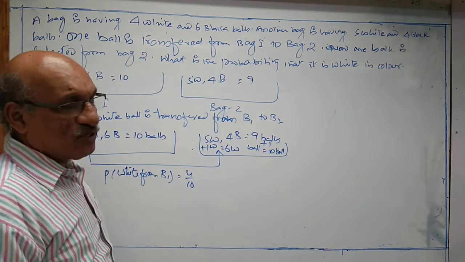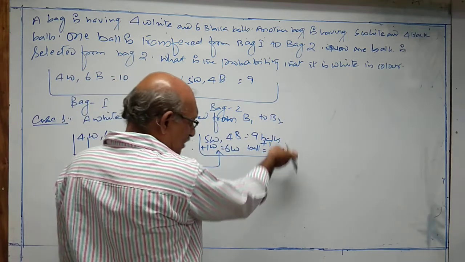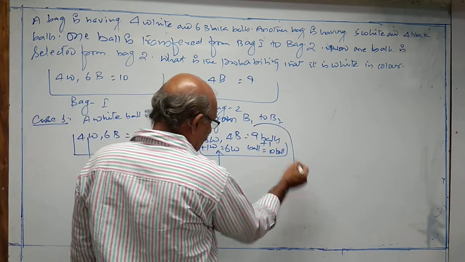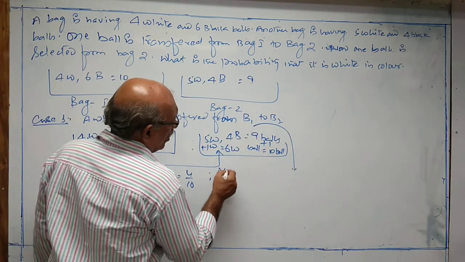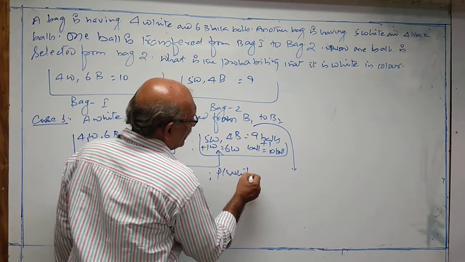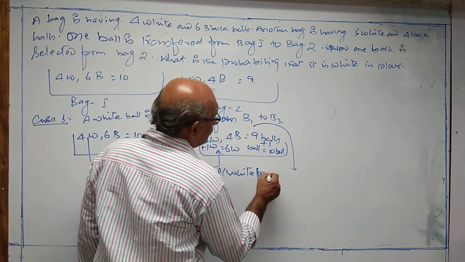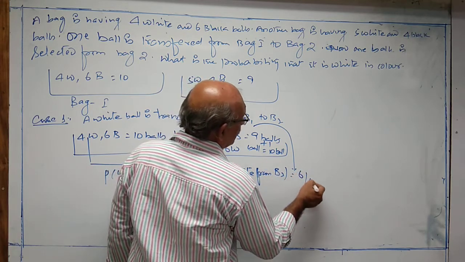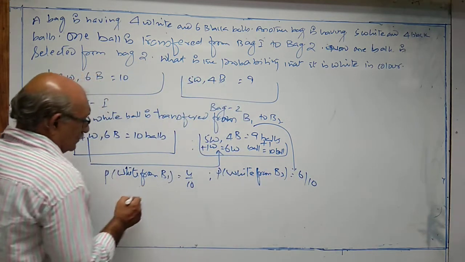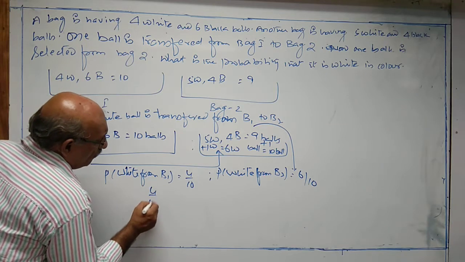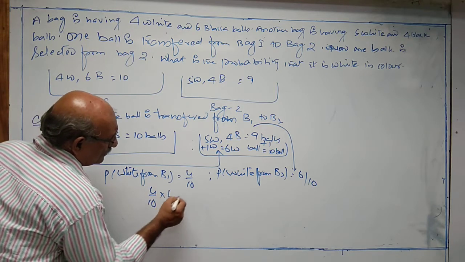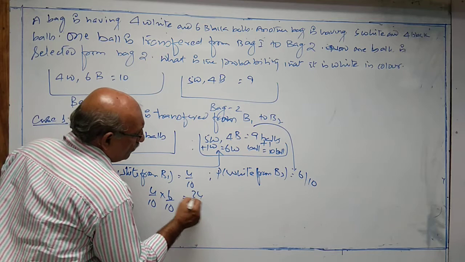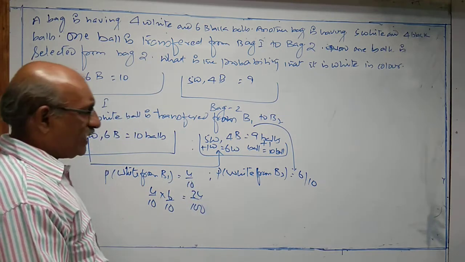When a white ball is transferred from B1, again you are drawing 1 ball from bag 2. So probability of drawing white from bag 2 is equal to 6 by 10. So 4 by 10 into 6 by 10, 24 divided by 100 is the probability.